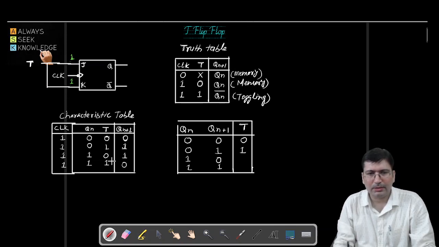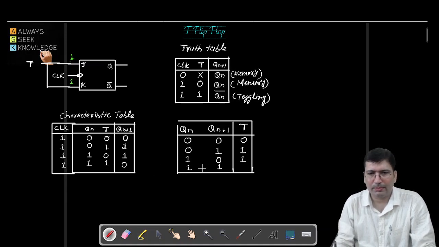Now in case it is 1 0, that means Qn is 1 and Qn plus 1 is 0, in that case T will get value 1.